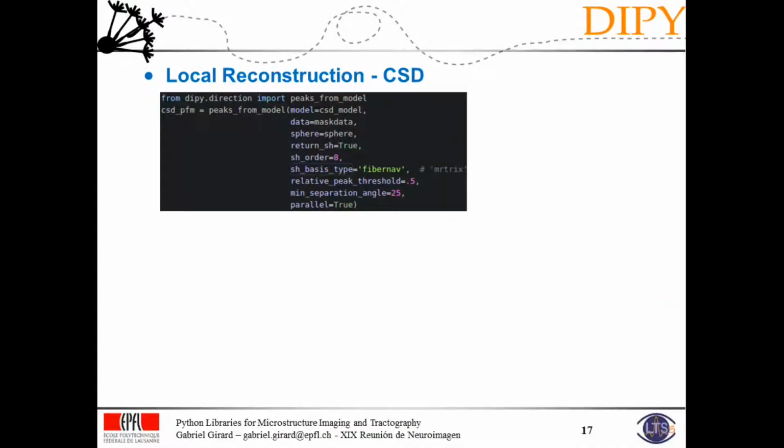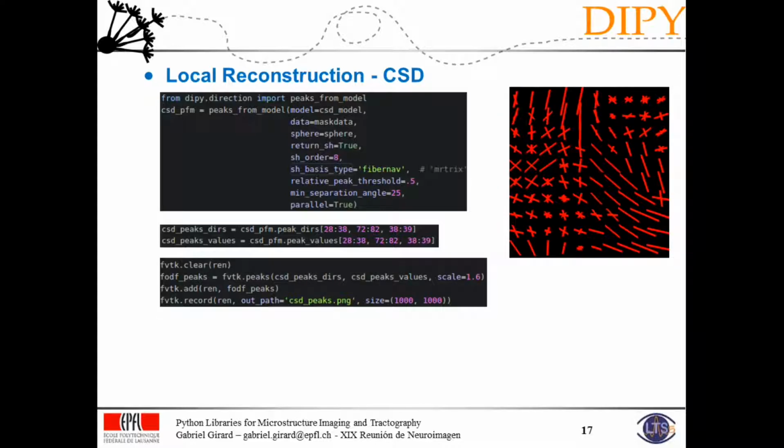But in the end, with this, you can extract the peak and the direction, and you have, again, your corpus callosum and your CST going up, and the peaks from the ODF. So very few lines of code to get access to this in DIPy.